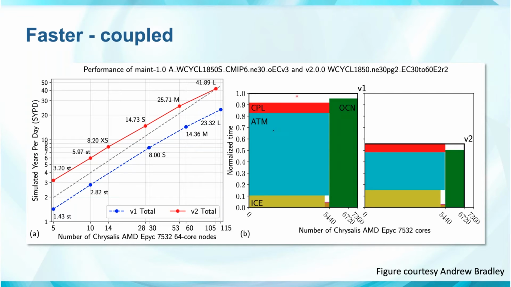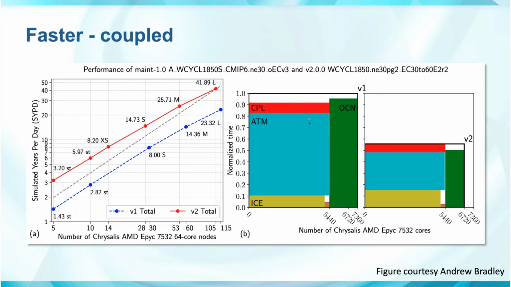And if you look at the breakdown, the throughput versus the cores that the model is using, the area basically tells you how expensive a component is. So you can see that the atmosphere here became substantially cheaper between V1 and V2. So did the ocean.